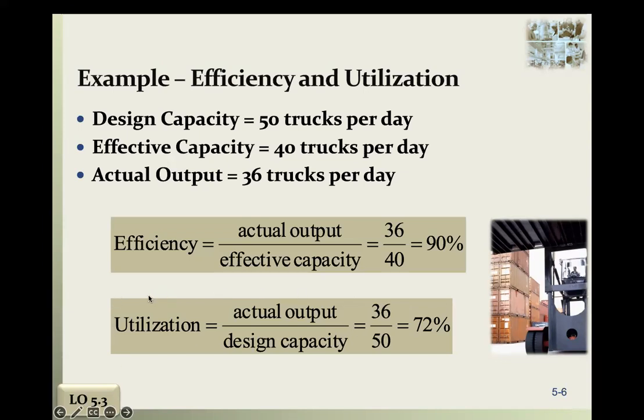But managers who are actually running that organization will be considering efficiency. So owners or stockholders of an organization might say, okay, this is our design capacity and therefore utilization is only 72%. But a manager might say that efficiency is 90%.